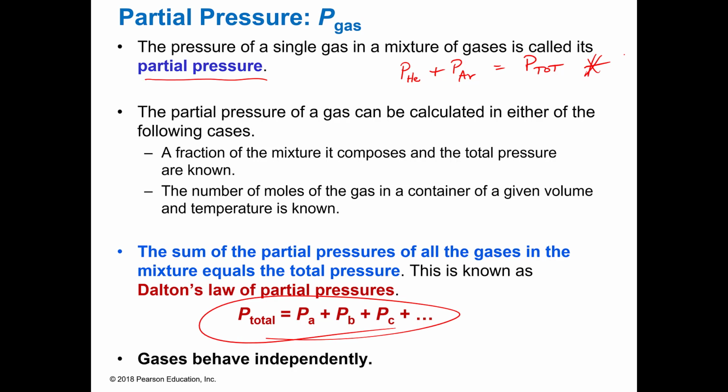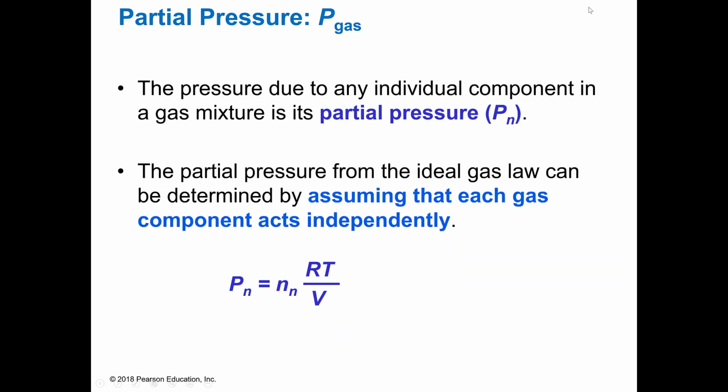The gases behave independently. They are not reacting with each other, they just happen to be trapped in the same container. So each one acts independently. PV equals nRT, and we rearrange it to solve for P. The partial pressure of each gas is still equal to nRT over V for that gas.